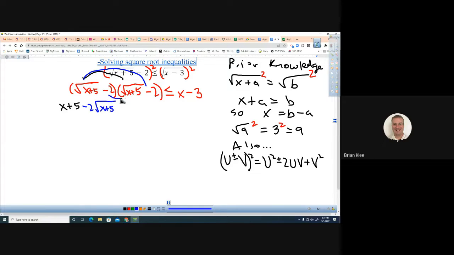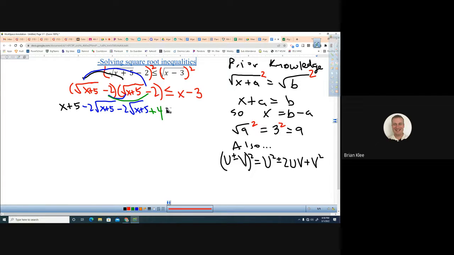If I do the insides here, the negative 2 times root x plus 5, I'm going to have another negative 2 root x plus 5. And I'm going to struggle to keep things lined up. And then lastly, we need to do the lasts of both those factors. Negative 2 times negative 2 is plus 4. It's not inside the root.